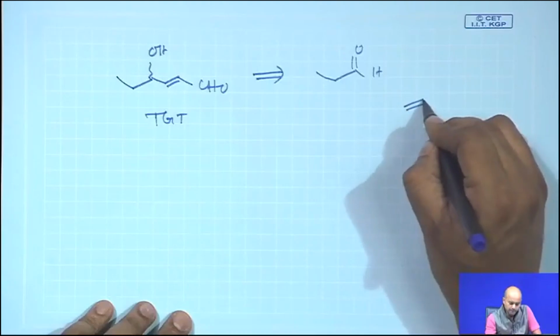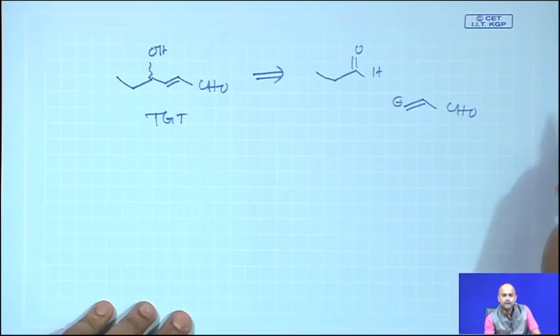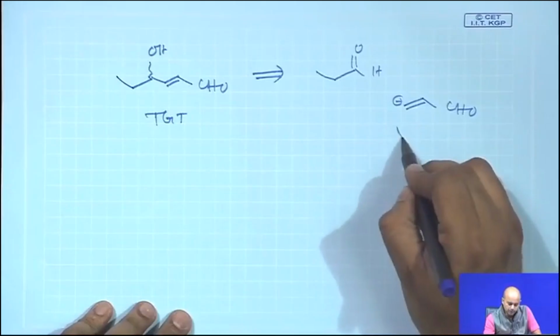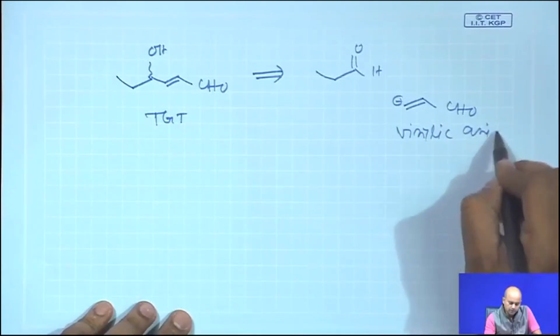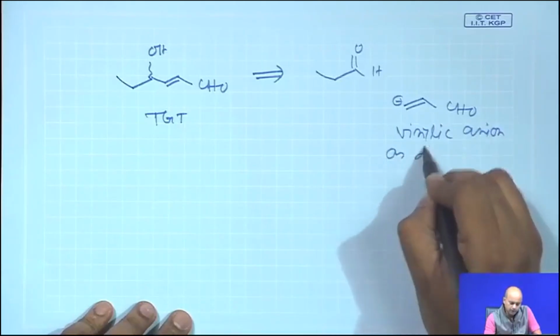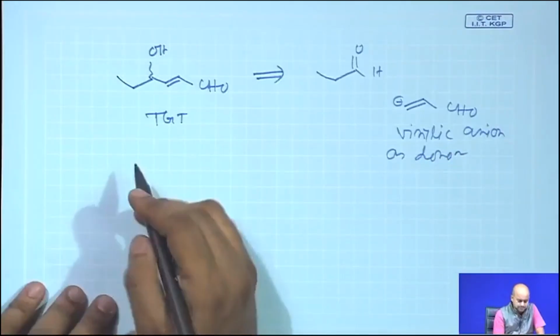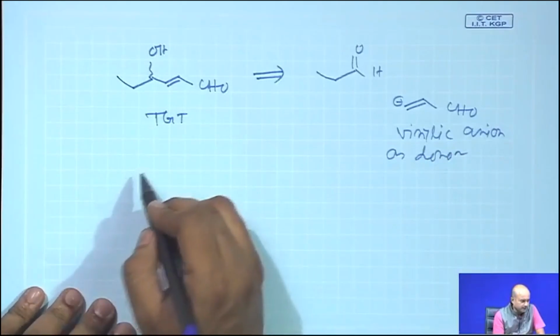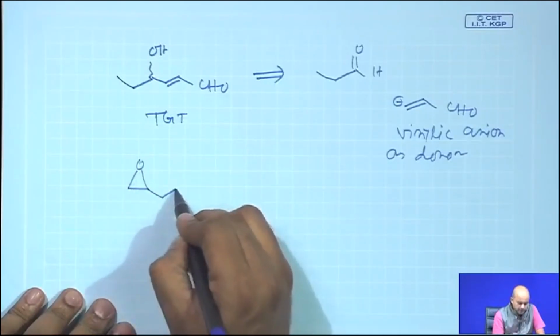You need this kind of vinylic anion as your donor species. It is definitely difficult to visualize, but this was first reported by Professor Corey in this way.